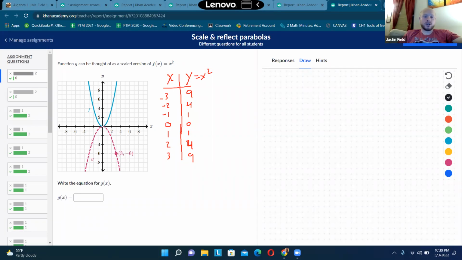So the question is, how can we go from 3, which would originally have been 3, 9, and then move it over to 3, -6?